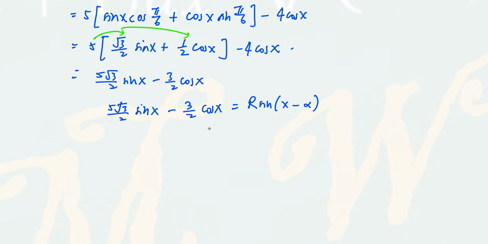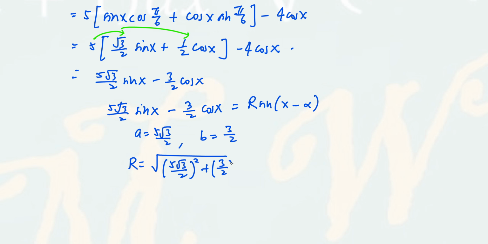Then now we will just do comparison. Your A is 5 root 3 over 2 and your B is 3 over 2. So your R will be the square root of A squared plus B squared. So 5 root 3 over 2 squared plus 3 over 2 squared, and you will get square root of 21.